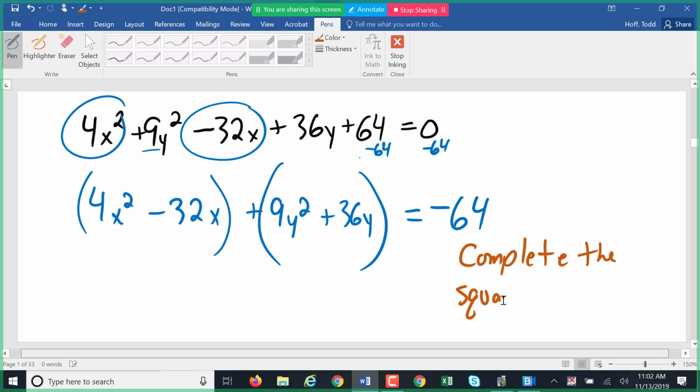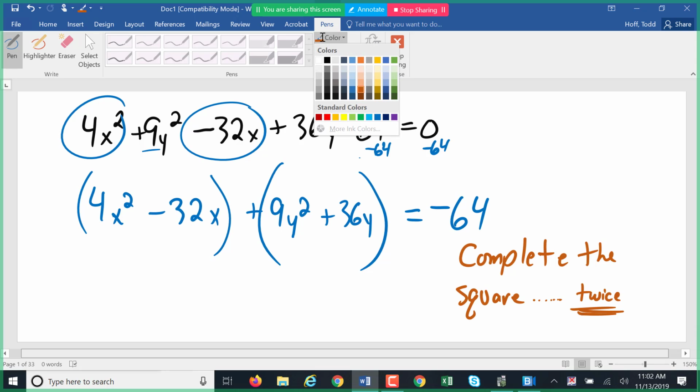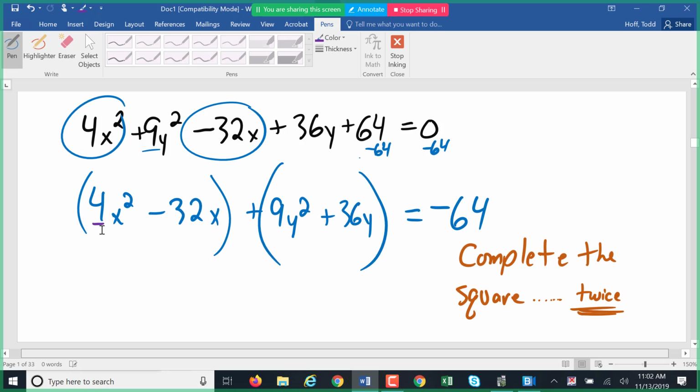Now I'm just going to simply complete the square. Twice. Once for x and once for y. For x, to make this easier on myself, I'm going to factor out the 4. So the 4 is factored out.